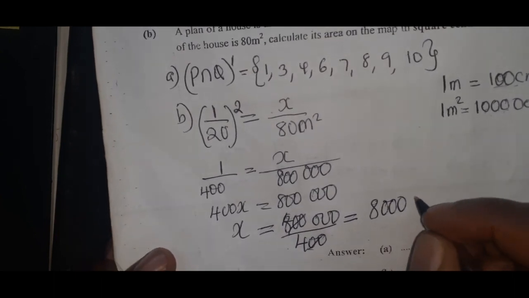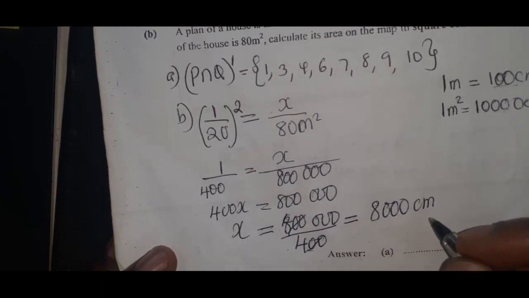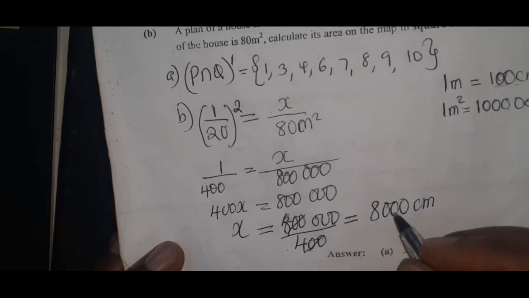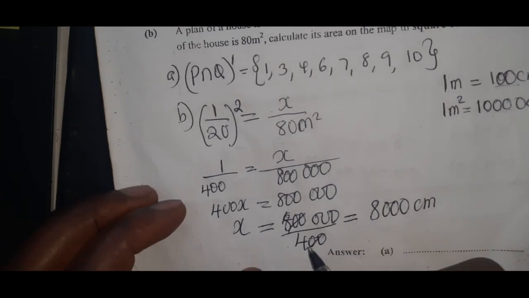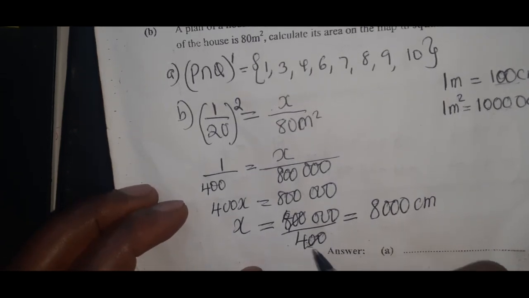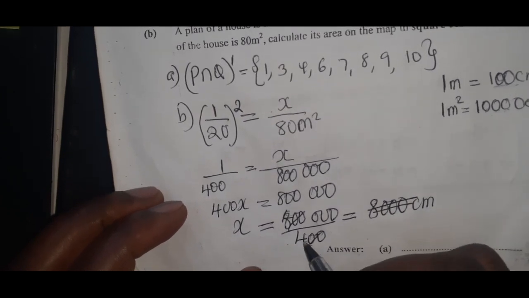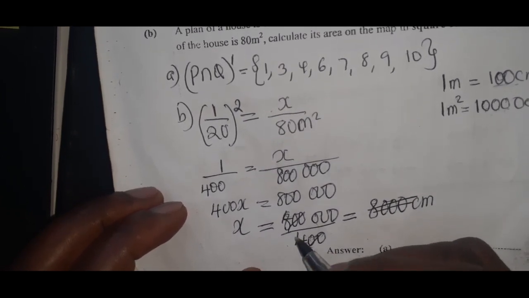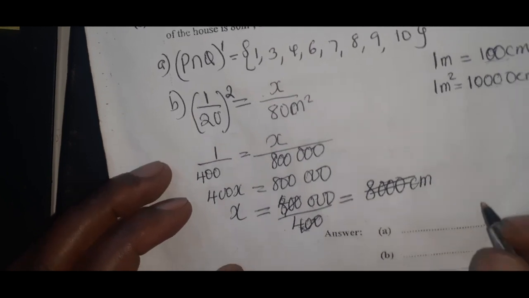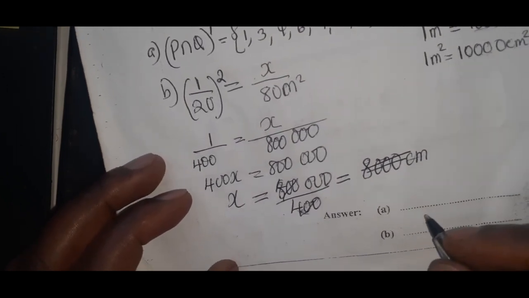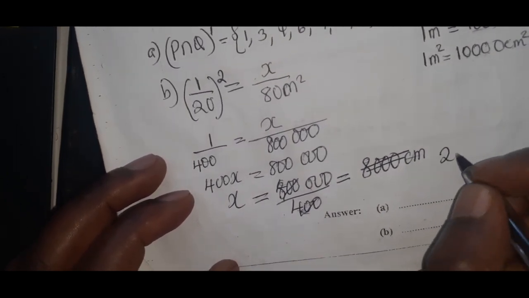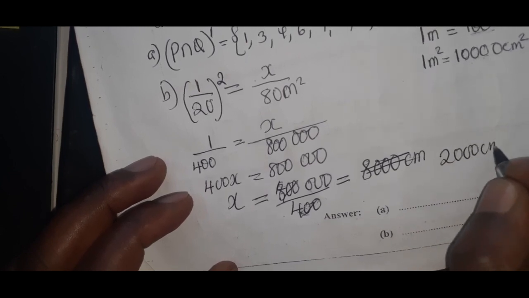Oh, sorry. We knocked out the 0, so this has to be divided. We ignored these. So 4 into 8, it's 2. So we are supposed to divide. This is going to give us 2 centimeters square.